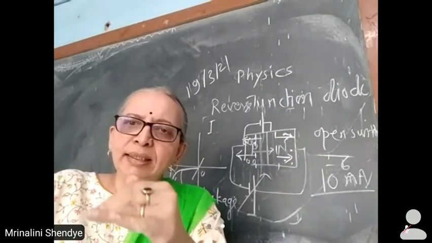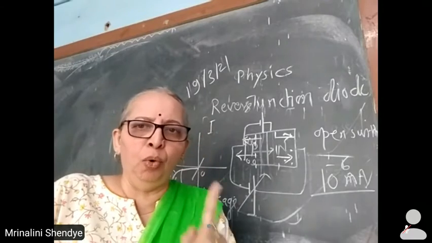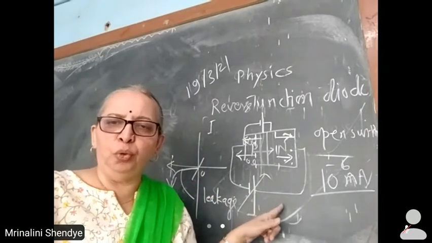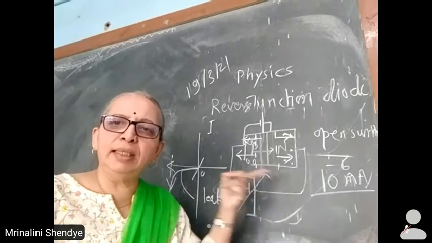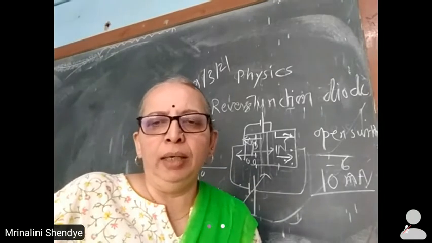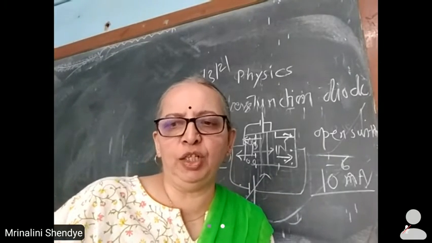It carries the current only in one mode, and it is thus useful as an electronic switch. Many times this junction diode is used for electronic switch purposes.